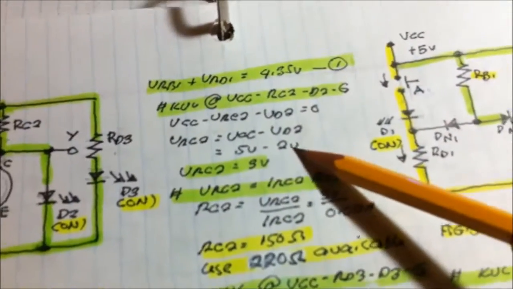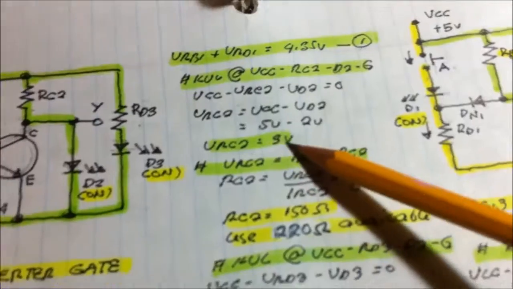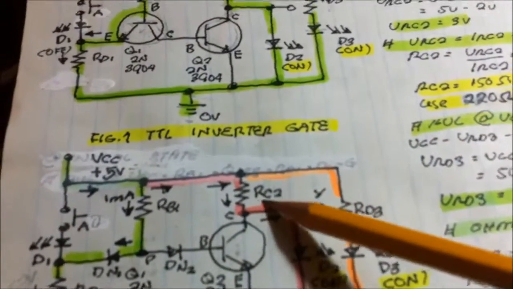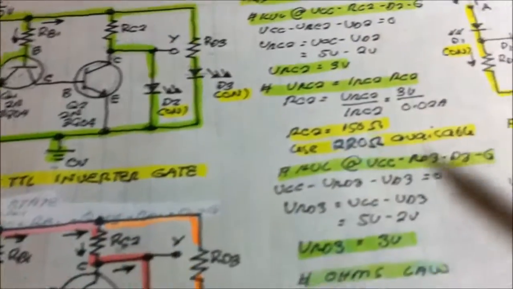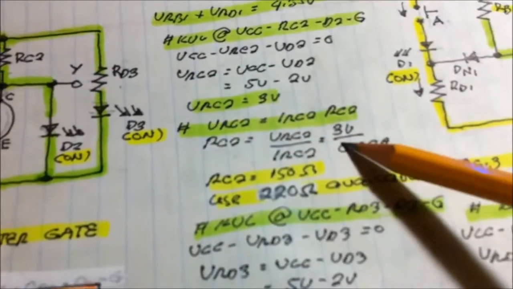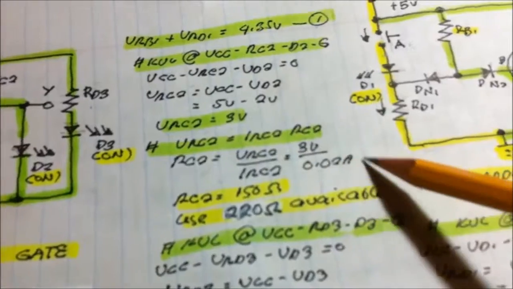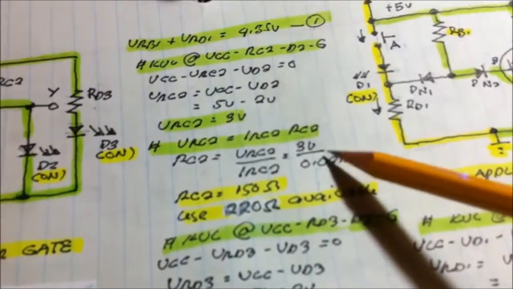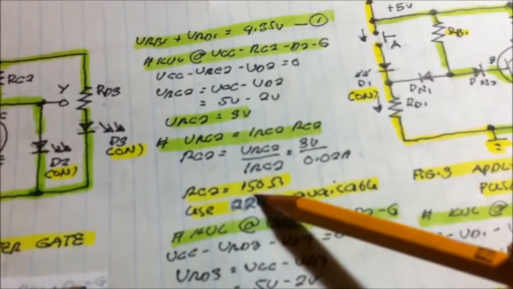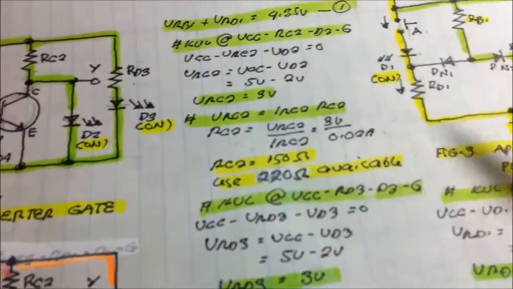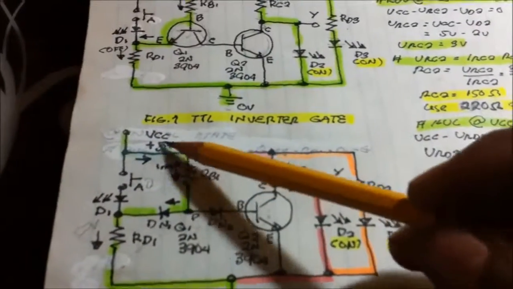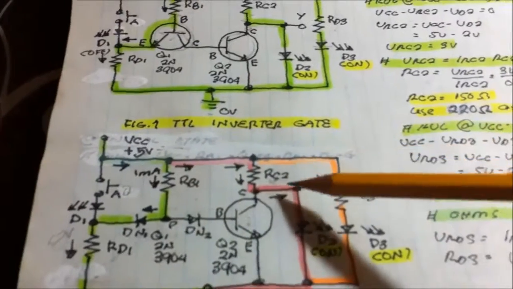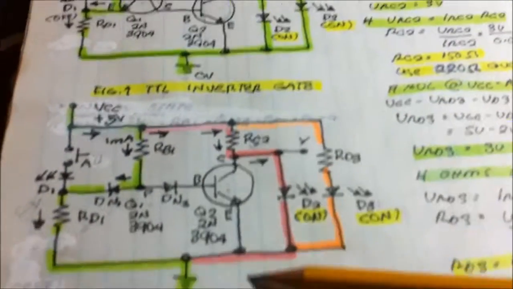This is the voltage rating of the LED to turn on. So we got 3 volts voltage drop at RC2. Using Ohm's law to compute the value of the resistor here, we know that 3 volts and 0.02 ampere, the current rating of the LED to turn on, gives 150 ohms, and I use a 220 ohm available resistor. So we have a second KVL: VCC, RC2, D2 to the ground.